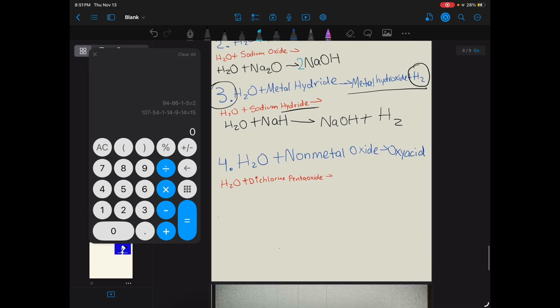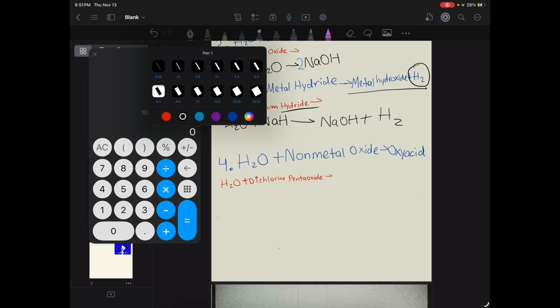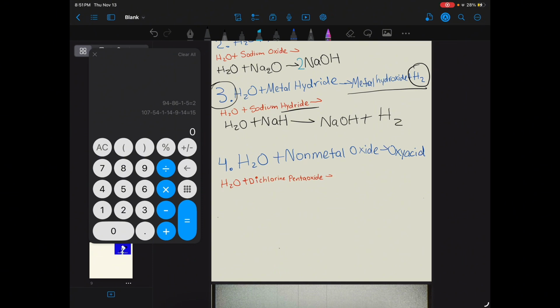And then the final one, number 4, is any H2O plus a non-metal oxide produces an oxyacid. So this one here is just a tad bit more laborious. And that is because we would have to write out all of the oxyacids that correspond with the non-metal that we have.